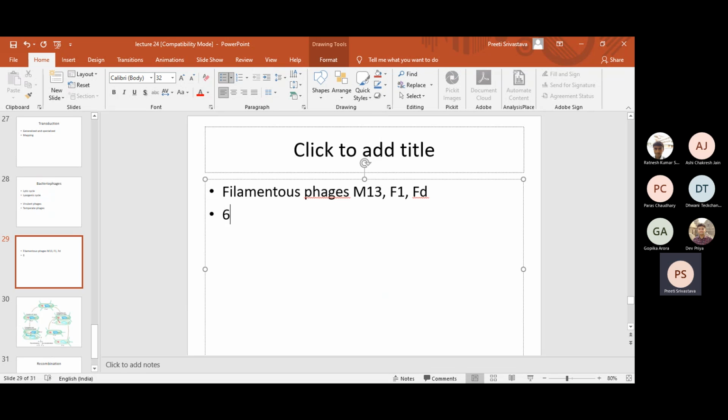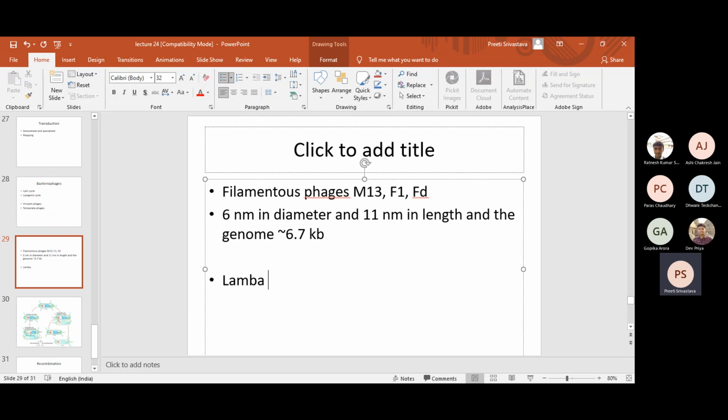That means they are 6 nanometer in diameter and 1 micrometer in length, and the genome is roughly, I think, 6.7 kb, so it's really small. The other phage that you will be studying is lambda phage.